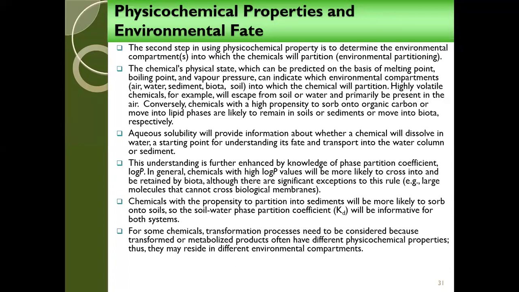They are more inclined to organic matter or organic carbon. So where it can attach itself easily, it will be in the sediments where you could have organic materials, or it could be in soil, or it could be in the biota, right?